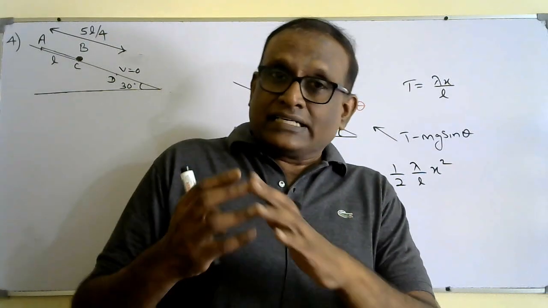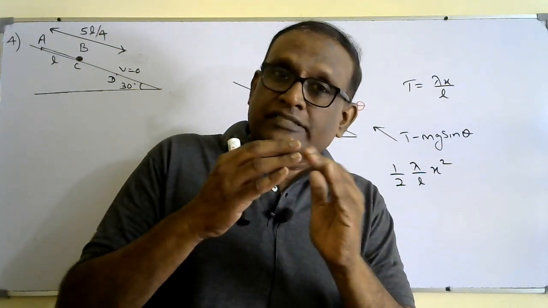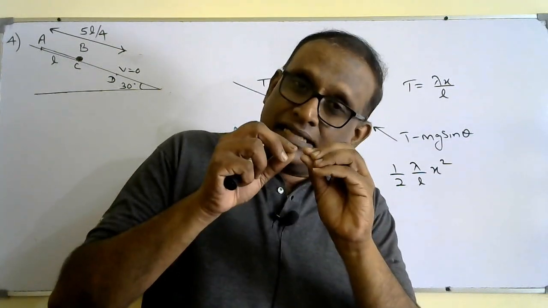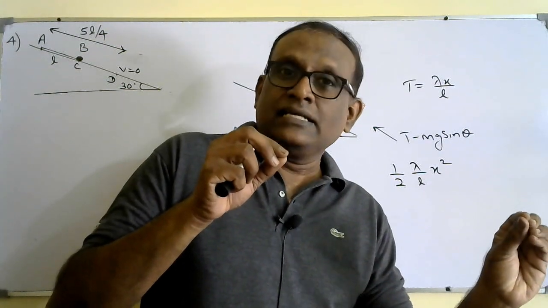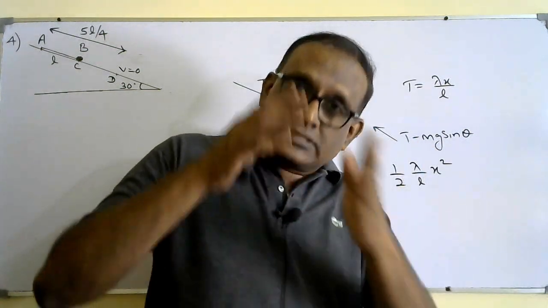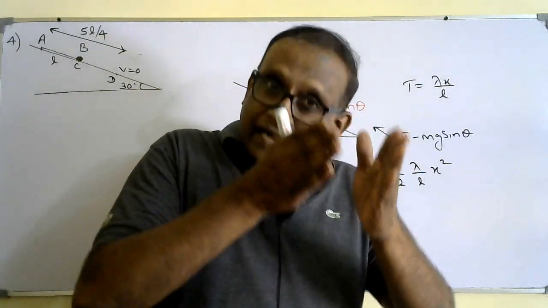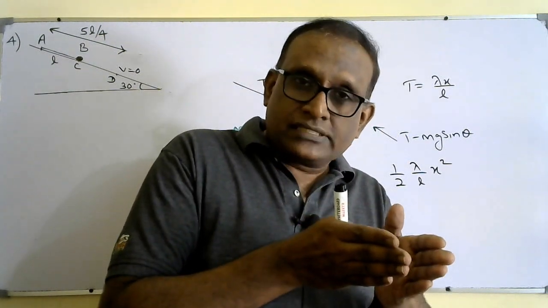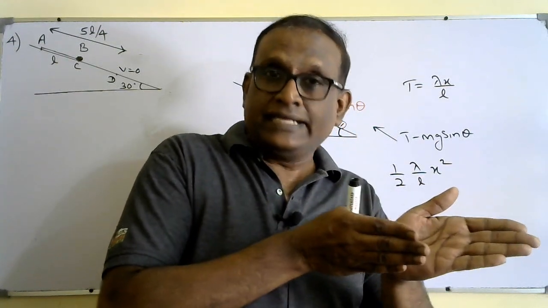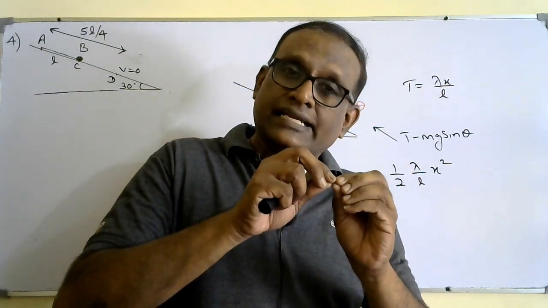Whatever kinetic energy it gained, it's going to gradually lose now, but the rubber cord is still going to extend. Still it's going down, so there is still loss in gravitational potential energy. Kinetic energy is also going to be lost, but elastic potential energy will increase because the elastic string is going to extend further.